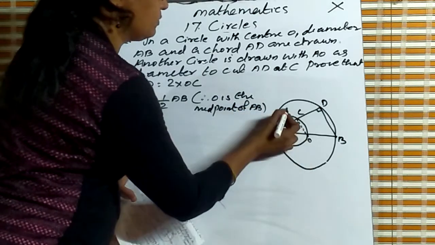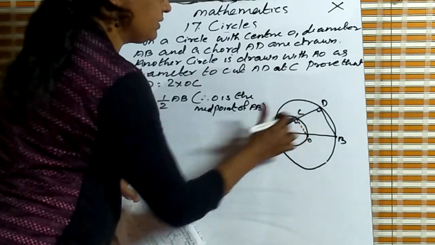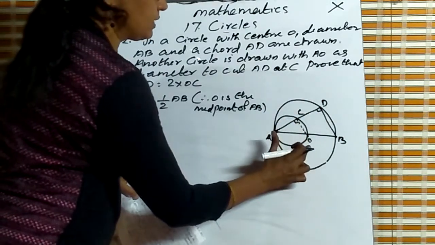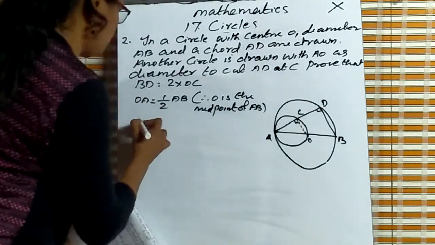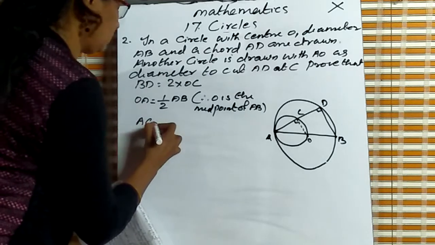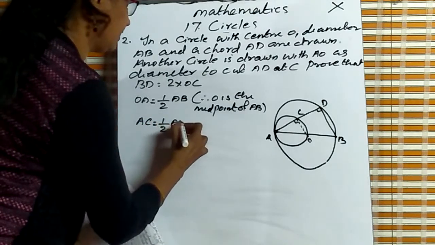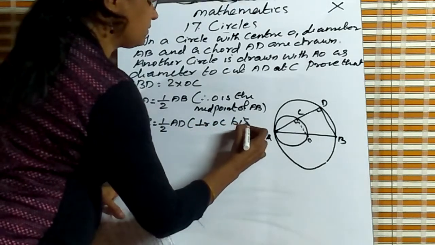Next one here, this OC perpendicular from the center bisects this. AD is a chord. Perpendicular from the center of a circle bisects the chord. So AC is equal to half AD. Perpendicular OC bisects the chord.